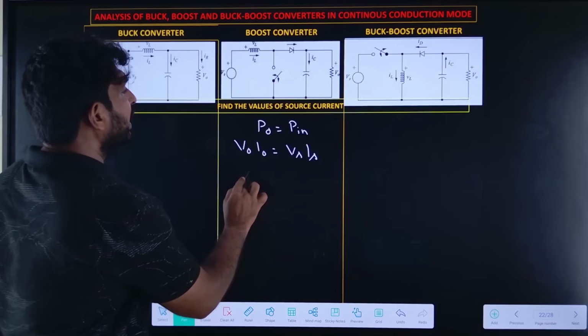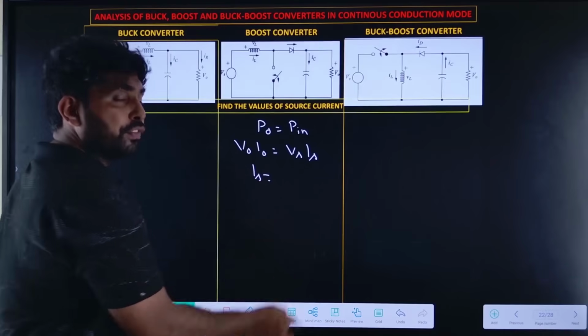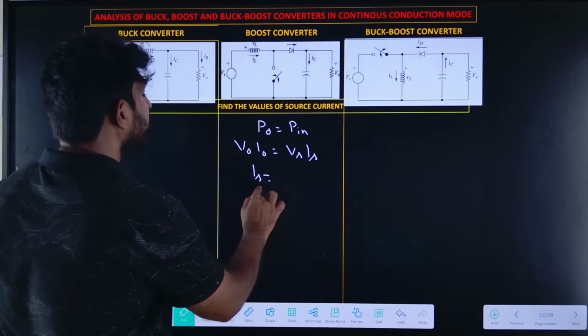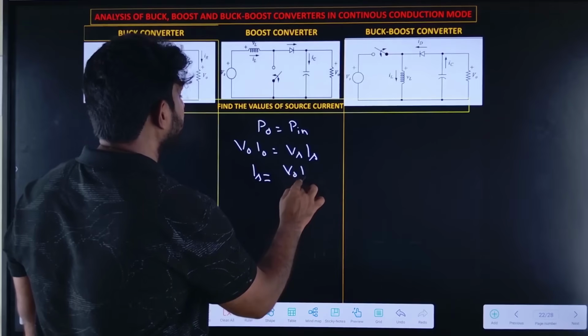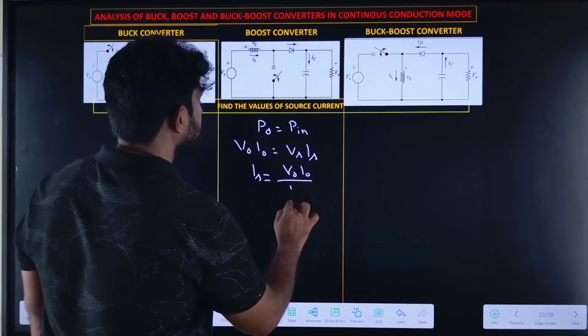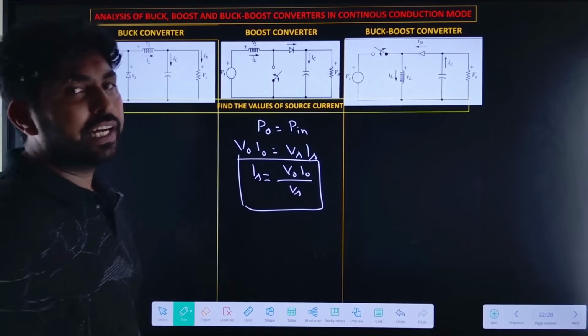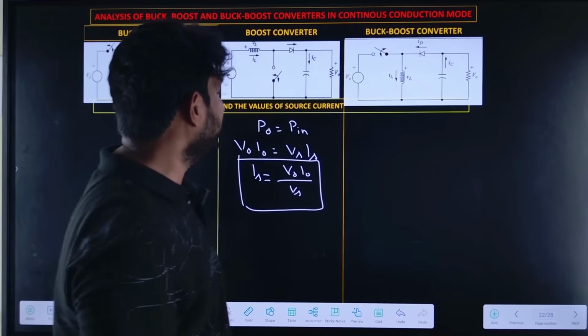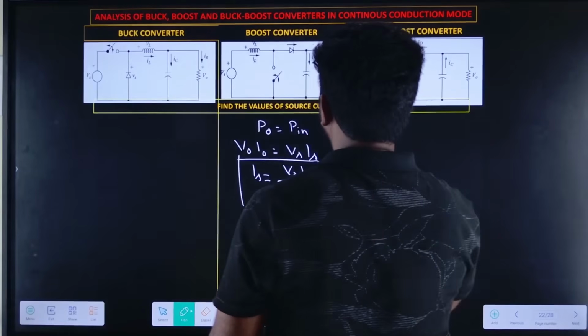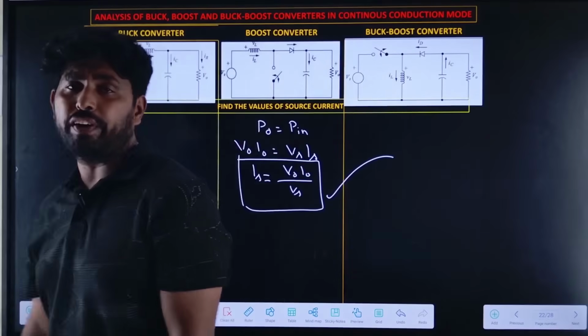From that I can find the source current, which is V naught into I naught divided by Vs. So from this we can find the source current for all the cases.